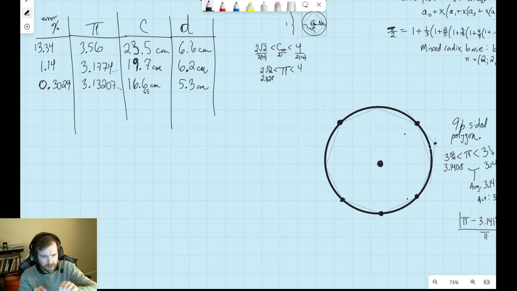Or when did people start thinking about it at all? Sort of two very different questions. Like we said, Archimedes did a pretty good job of at least figuring it out for an engineer's purpose.